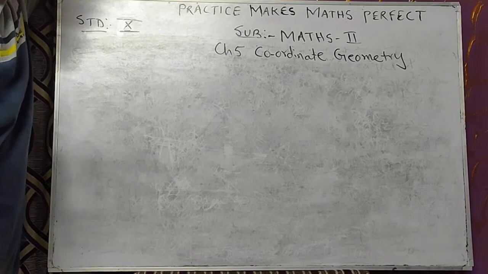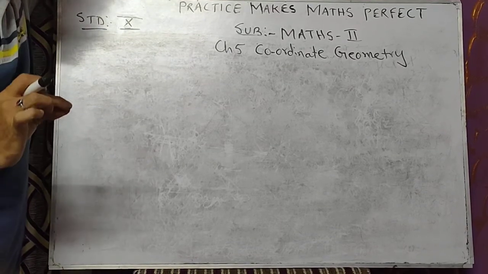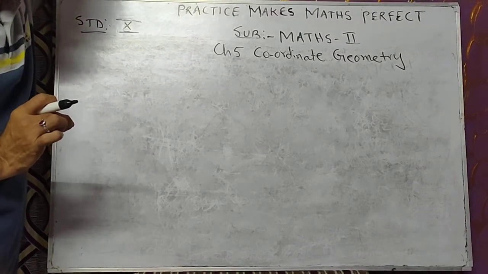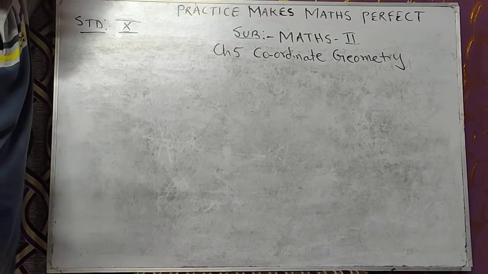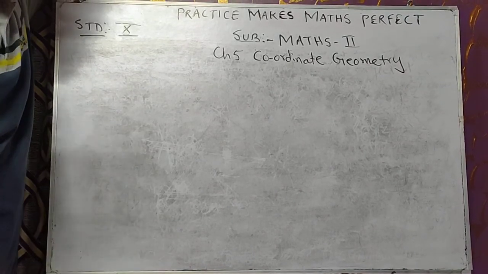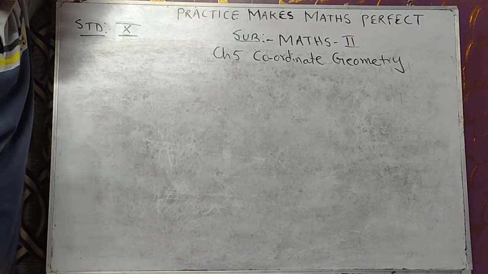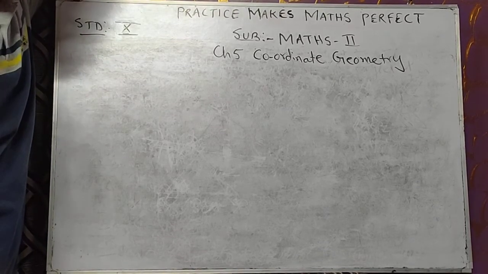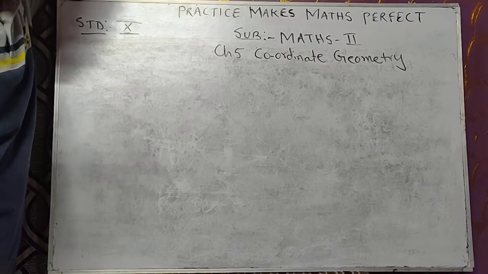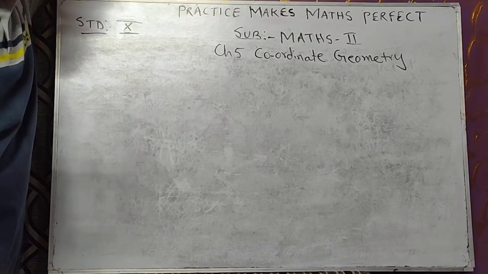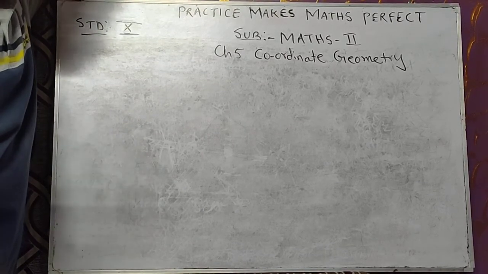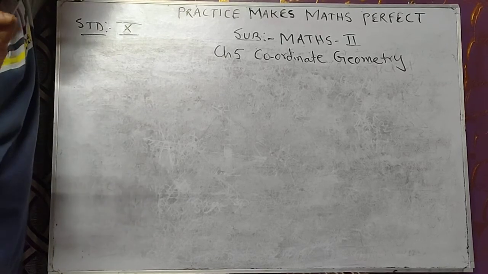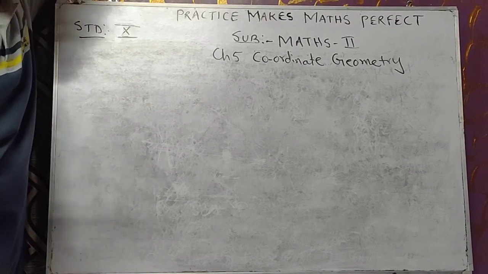You have studied how to find out the distance between the 2 points when the coordinates are given. You were using the formula higher coordinate minus lower coordinate in 9th standard. Now in 10th standard we are going to use different formula of distance.